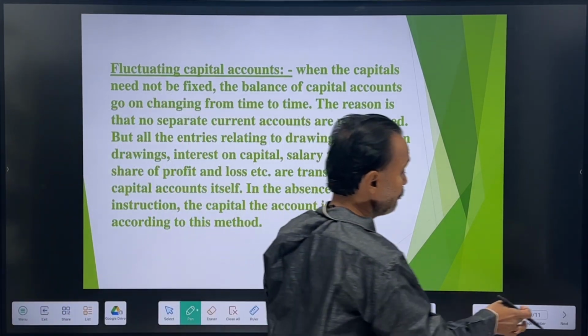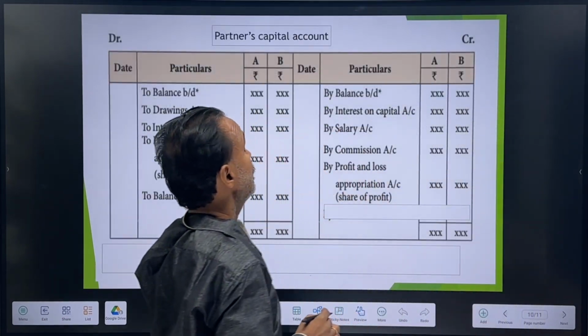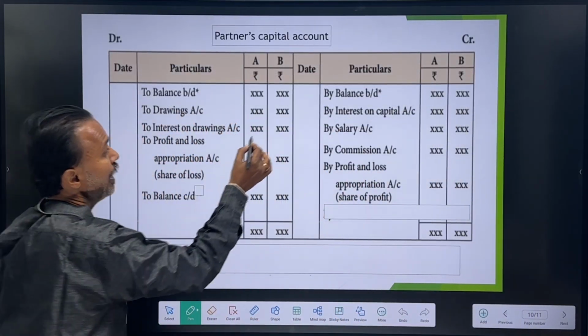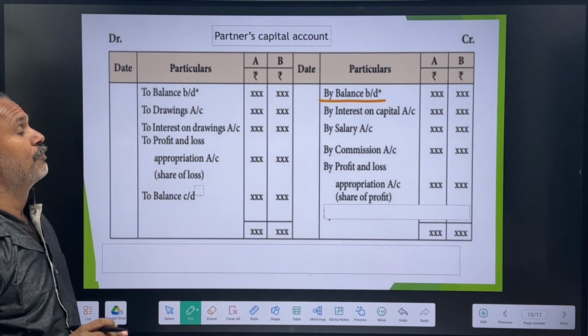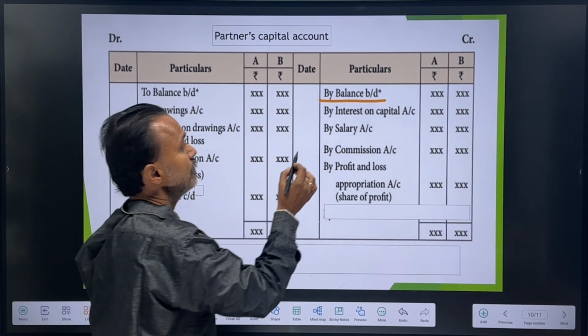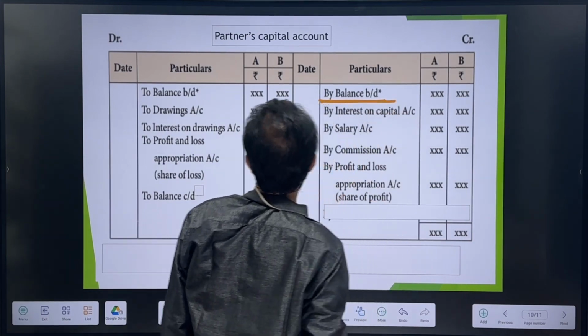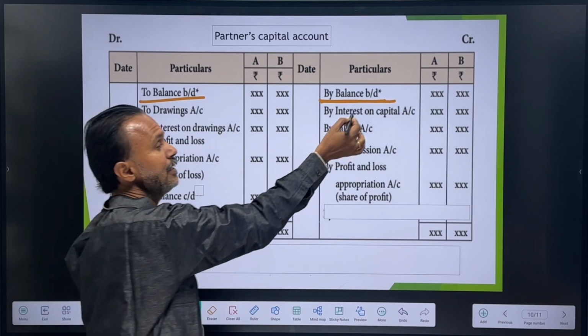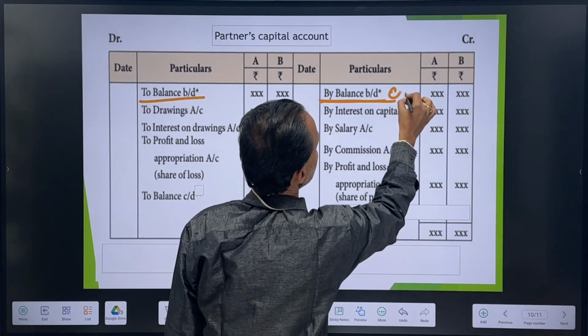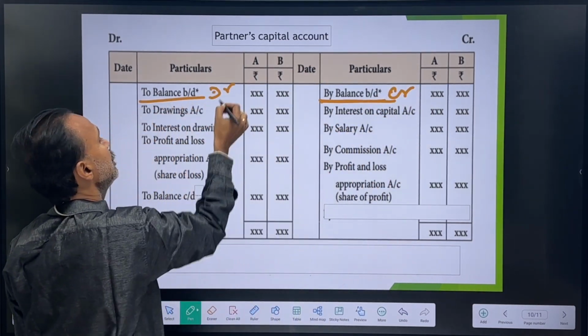The only difference is that in the partners current account we show by balance BD, that is current account balance. But in the fluctuating capital account, by balance BD means opening capital, or to balance BD means opening capital. This is a credit balance; if it is a debit balance, then to balance BD.